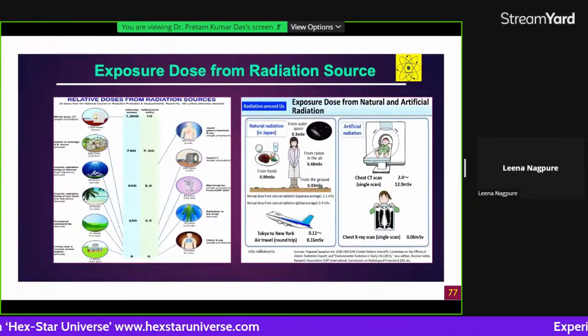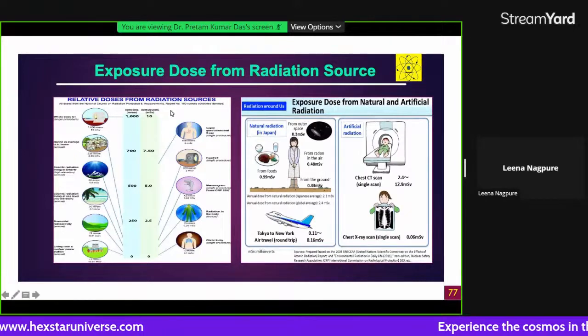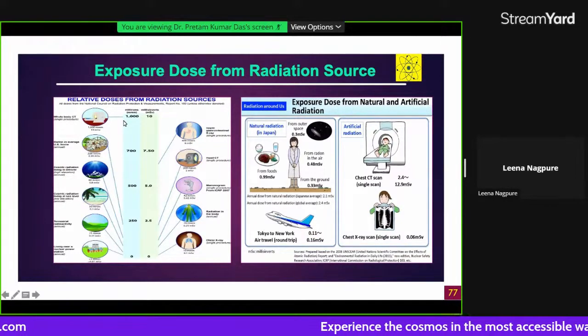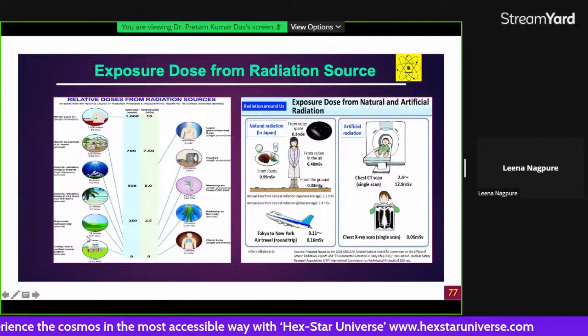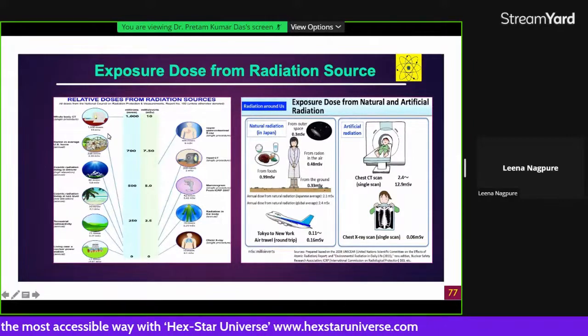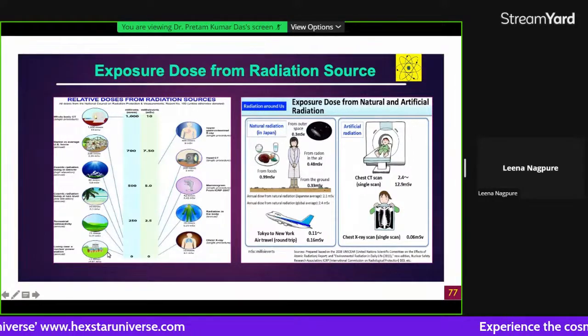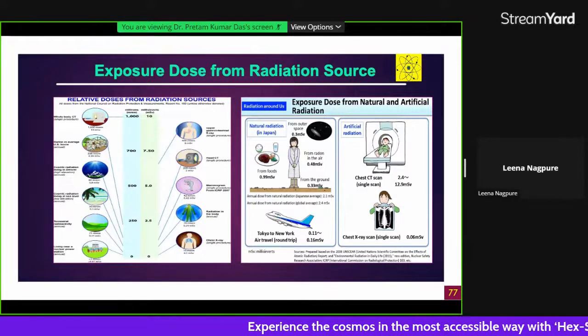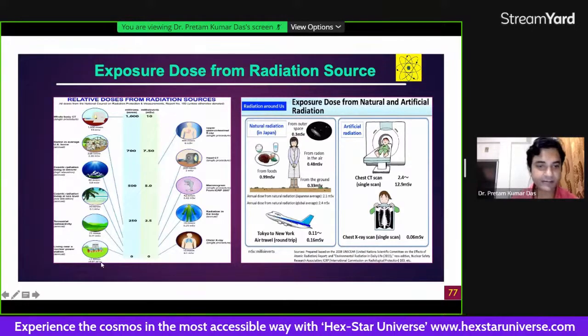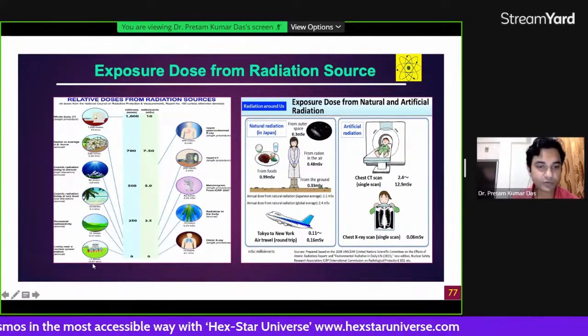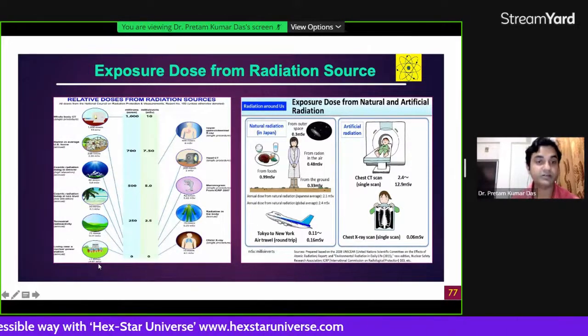If we compare the radiation dose per year, a person staying near a nuclear power plant gets about 0.01 millisievert per year.